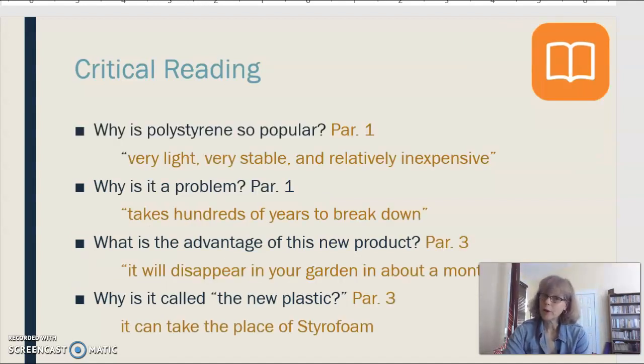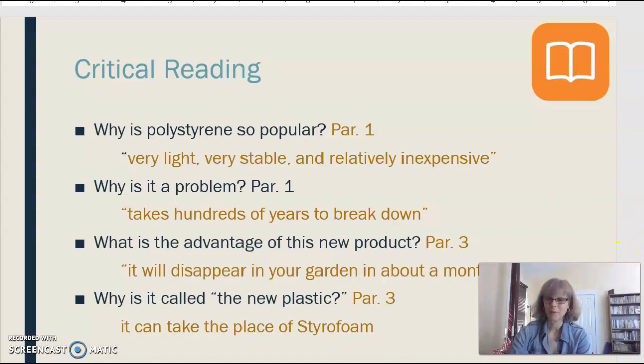So as you look at the critical reading here, I just gave direct quotes from the article. In paragraph 1, we find out that polystyrene is so popular because it's really light, stable, inexpensive. It's always the least expensive dinnerware if you're getting paper plates.